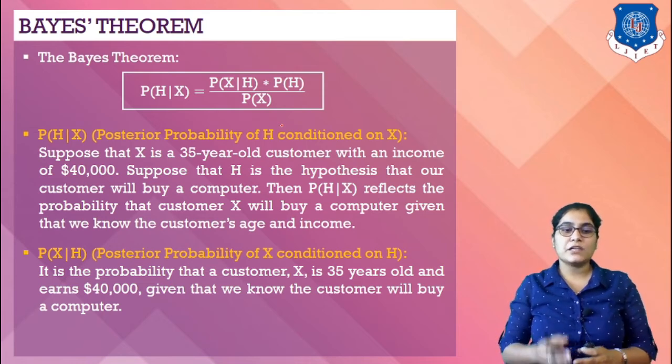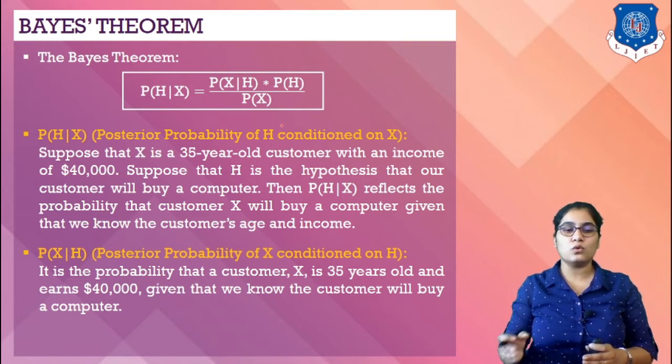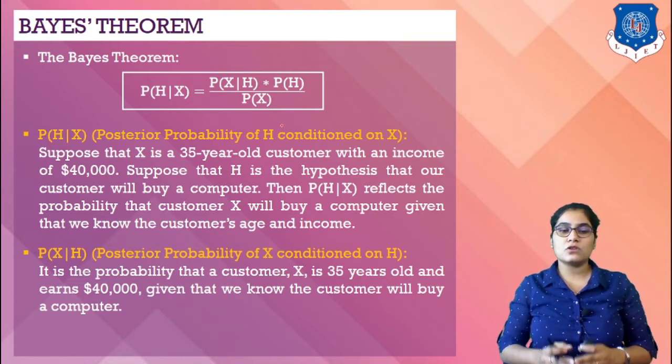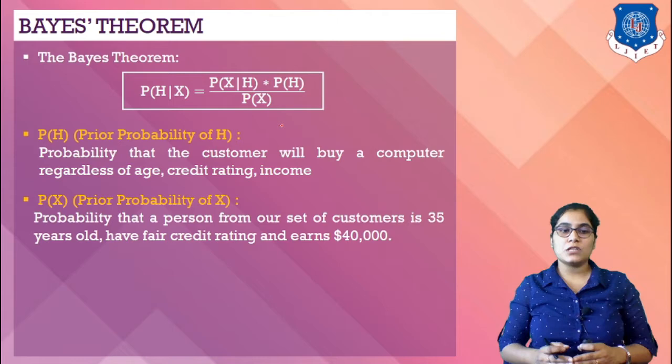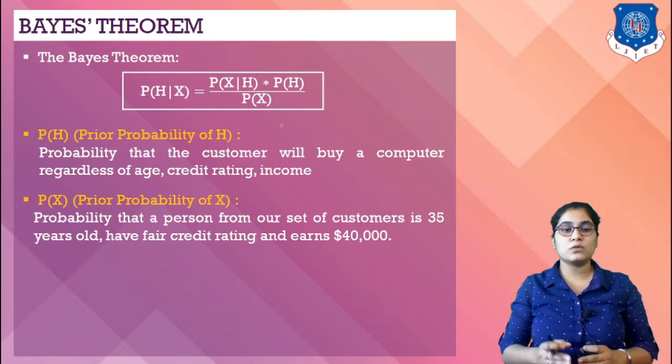Next, P(X|H), which is known as the posterior probability of X conditioned on H. It is the probability that customer X is 35 years old and earns $40,000, given that we know the customer will buy a computer.